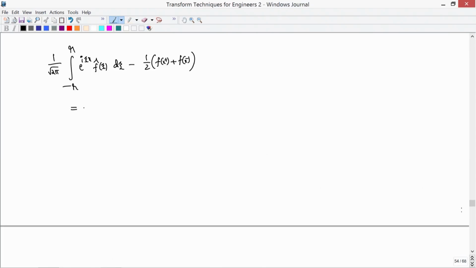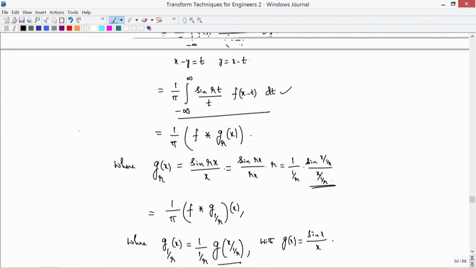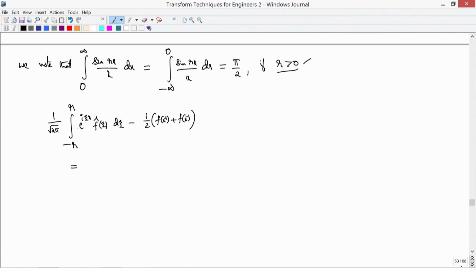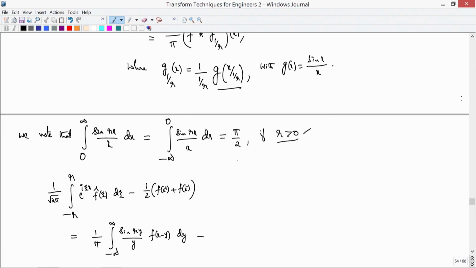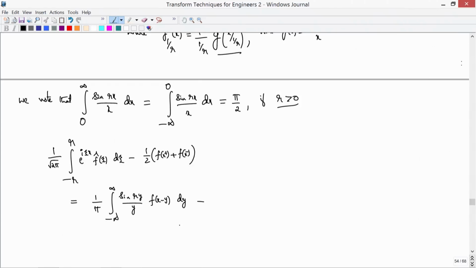Now, this is actually equal to, so if you now put this, first one is 1 by pi, first term is 1 by pi minus infinity to infinity sin r y by y f of x minus y dy. The other one is minus, because I use this, I try to use these two integrals here. So, how do I use this?